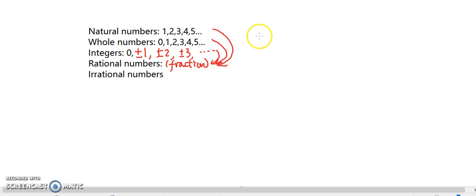If I use I to represent any integer I, you can write it as I divided by 1, because I divided by 1 is still I. So I over 1, that's also a fraction. So all the integers are rational numbers.